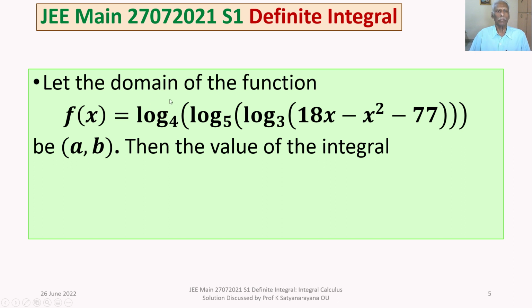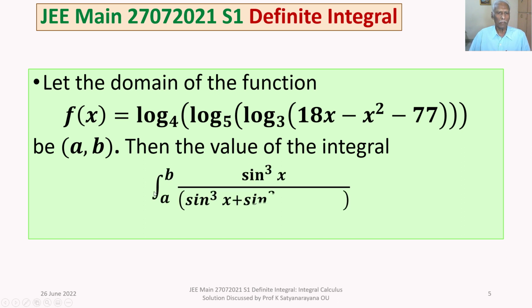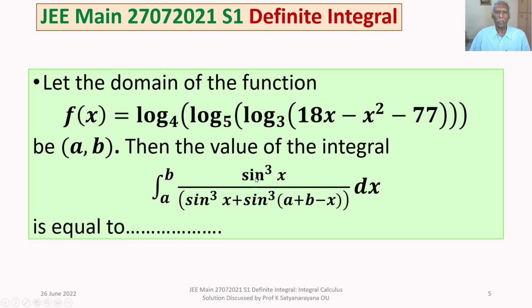So the domain of this function is given to be the open interval a comma b. Then the value of the integral from a to b of sine cube x by sine cube x plus sine cube of a plus b minus x with respect to x is equal to.